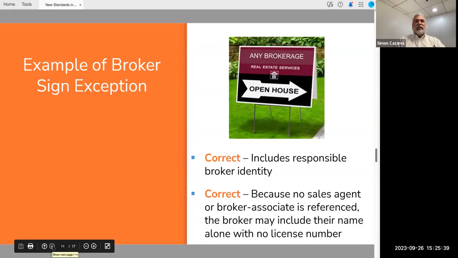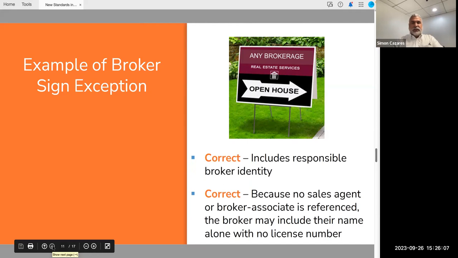Example of broker sign exceptions. Again, here's a directional sign that says any brokerage, real estate services, open house. But it doesn't have the license number on here. What it does have is the name of the brokerage. It also identifies that this name is a real estate company, right? It does real estate services. It also says that it's an open house.